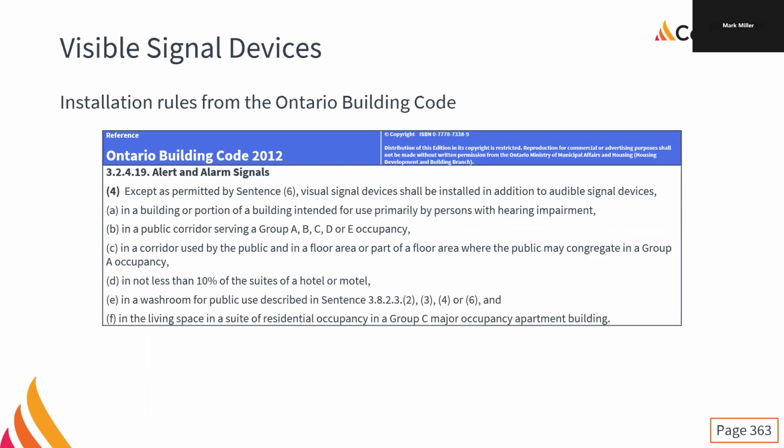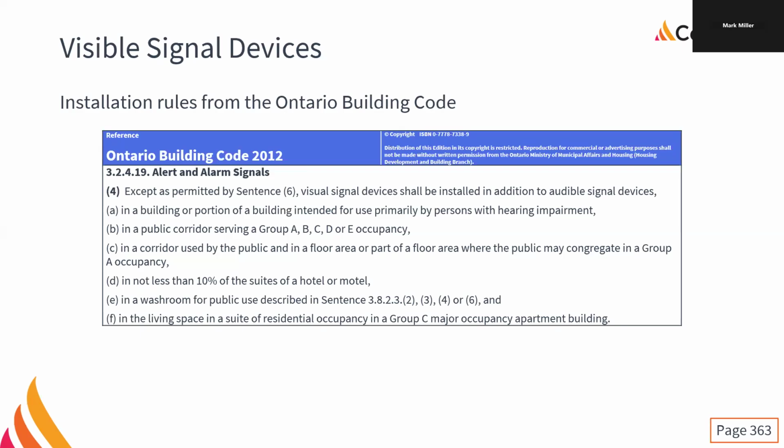We have to have 100% audibility in a building, right? We have to meet 65 decibels everywhere, at a minimum 75 decibels in sleeping rooms. Strobes is a little bit different. We have to augment our audible with visual when we're in high noise areas, people are wearing hearing protection, audiometric booths, and all that.